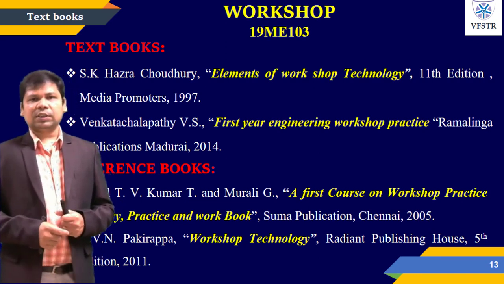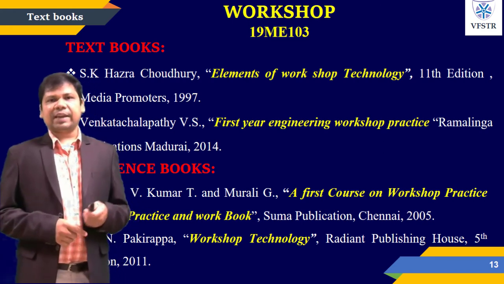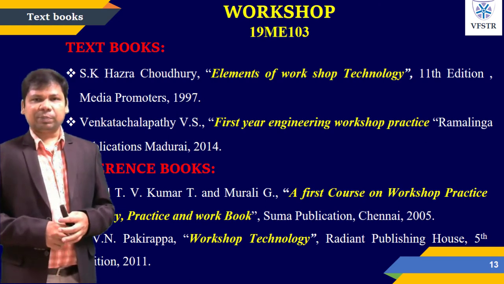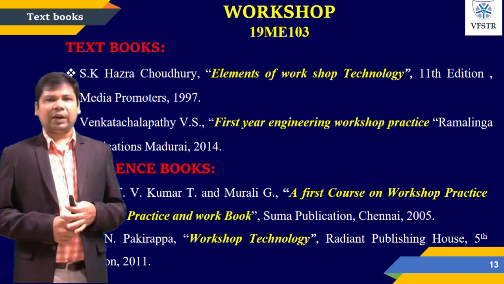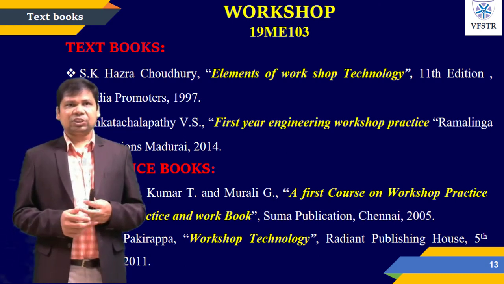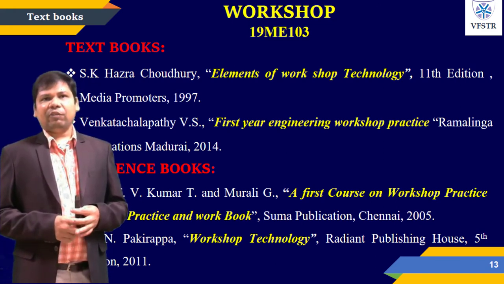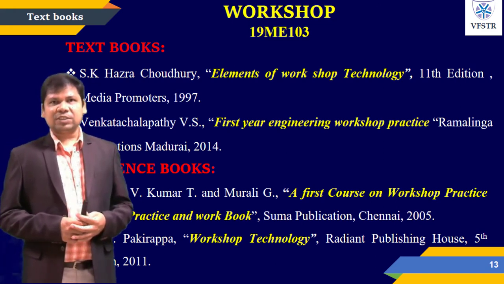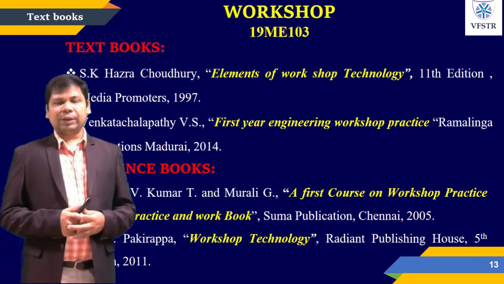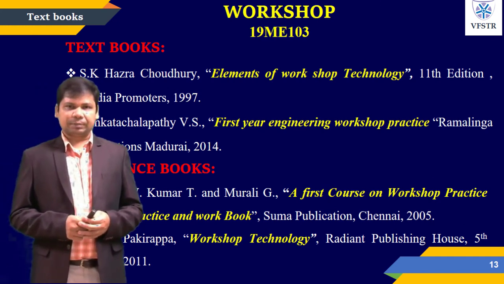For this course, 19MB103, the textbooks and reference books are prescribed as follows. I prefer Elements of Workshop Technology by S.K. Hajra Choudhury, 11th edition, Media Promoters. Another is by Venkata Chalapathi, a book on first year engineering workshop practice. These two books I am recommending will help you understand the concepts better.